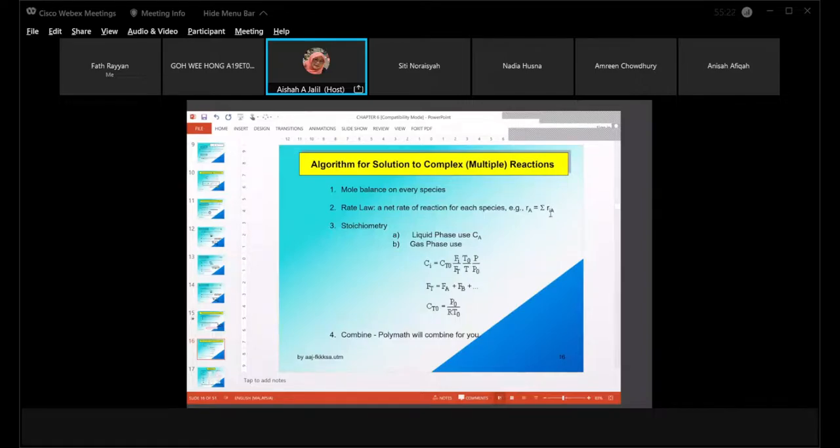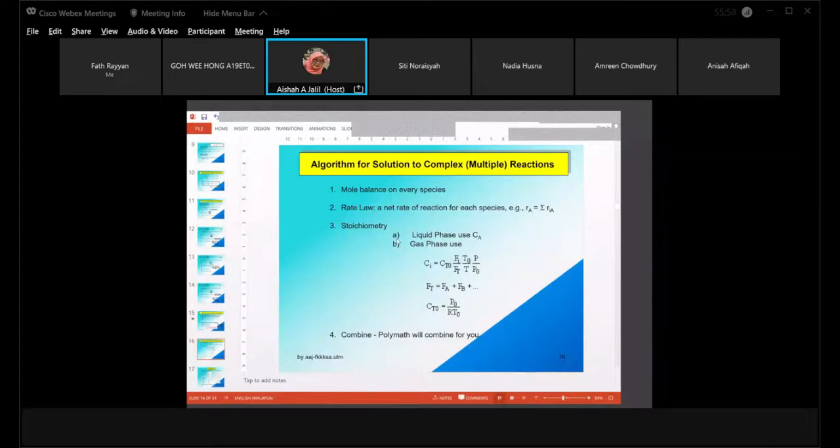If you have 2 reactions, R1A is the A in the first reaction, and R2A is the A in the second reaction. We will see later.